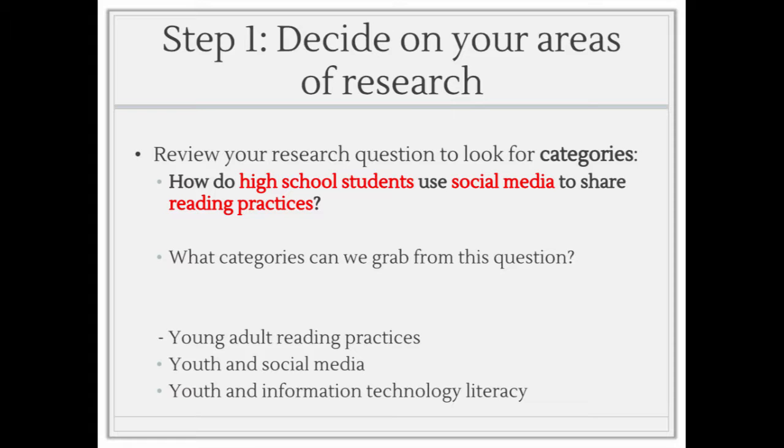We want to know what's written about youth or the specific age group, and social media. And we want to look at youth and information technology literacy. These are 3 different categories that we've identified, and we can now go forward and research them further.